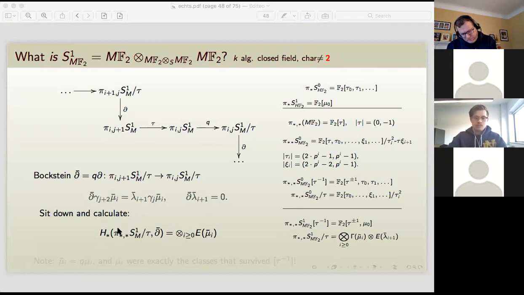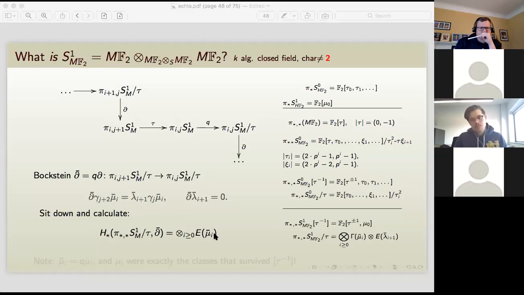I calculate that homology, and out pops a huge exterior algebra on the mu i's. So all the divided power gammas of mu i's have vanished, and all the lambdas have vanished. I'm just sitting with the bare mu i's here.